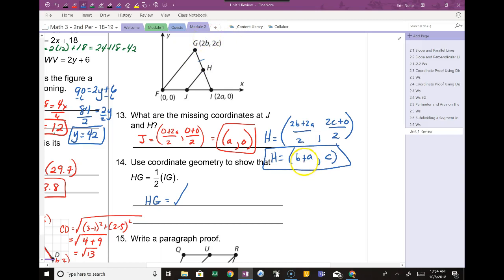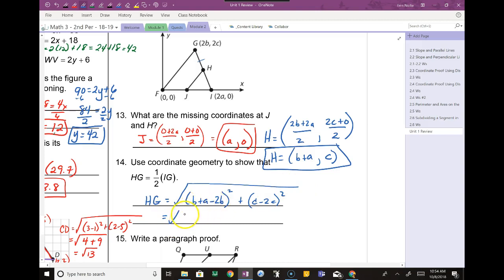So we're going to find the difference in x's. So we're going to have b plus a minus 2b squared. And then we're going to do the difference in the y. So c minus 2c, c minus 2c squared, okay. So let's simplify this. So on the inside here, I technically have b's that I can combine.